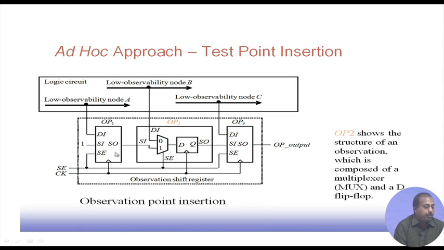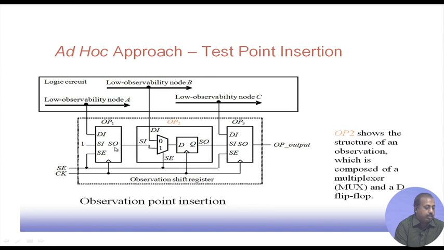Now, if we apply a clock, these low observability points A, B and C will get captured onto the three flip-flops corresponding to OP1, OP2 and OP3. Now, if you enable the serial shift enable, whatever you call it, and then apply a clock, then in this multiplexer, when this AC line is equal to 1, whatever is coming on the SI line will go through.